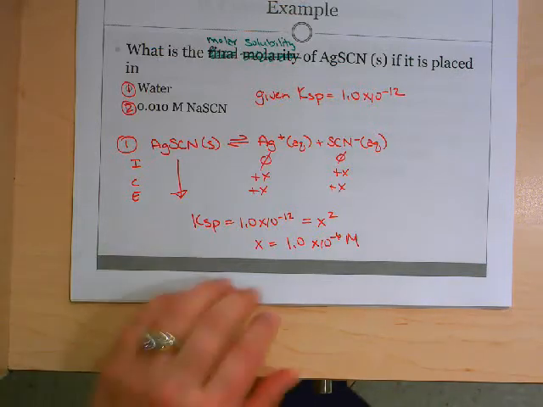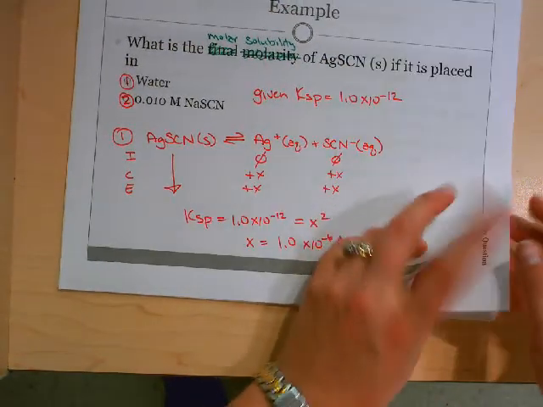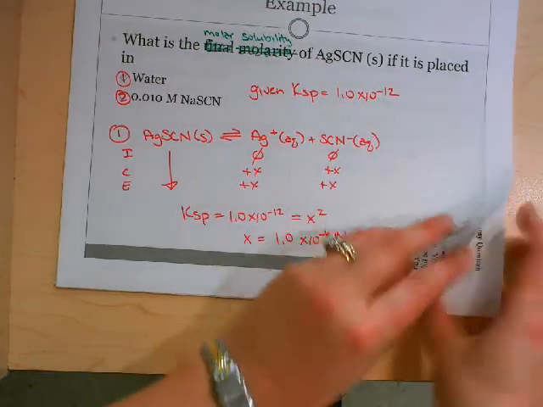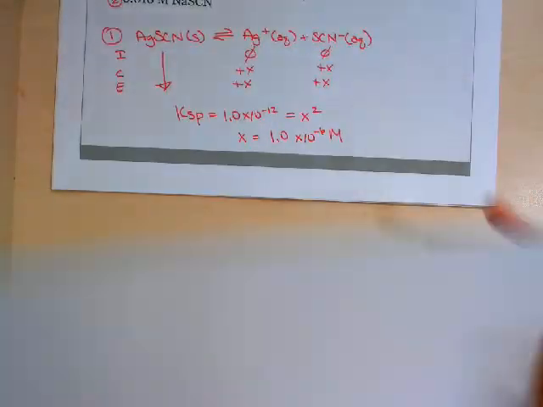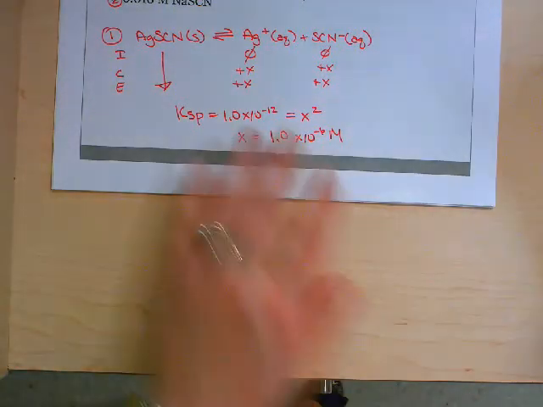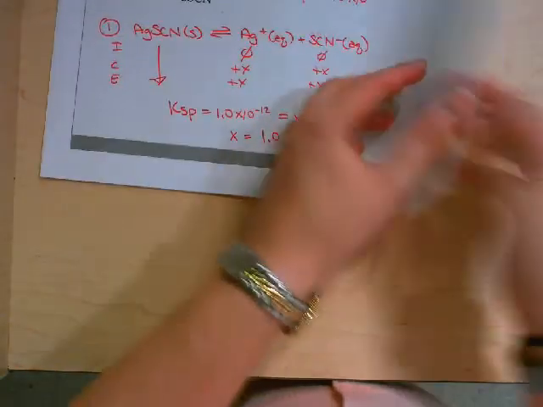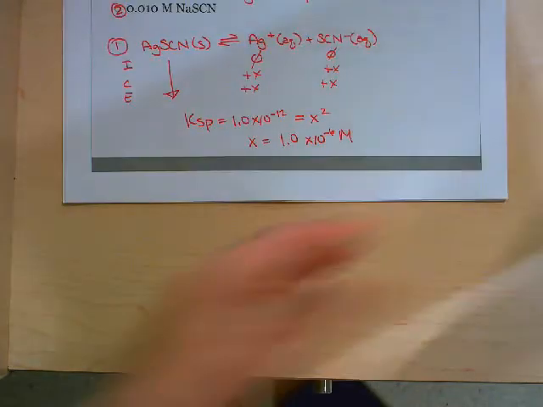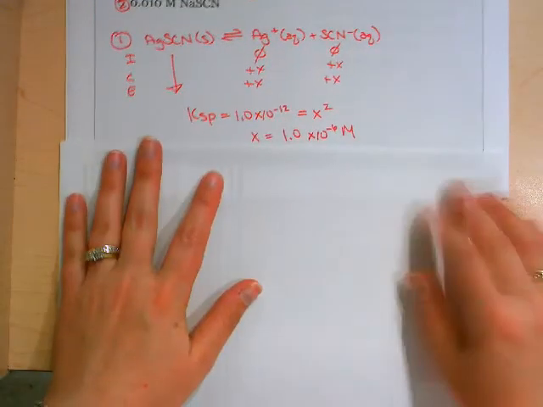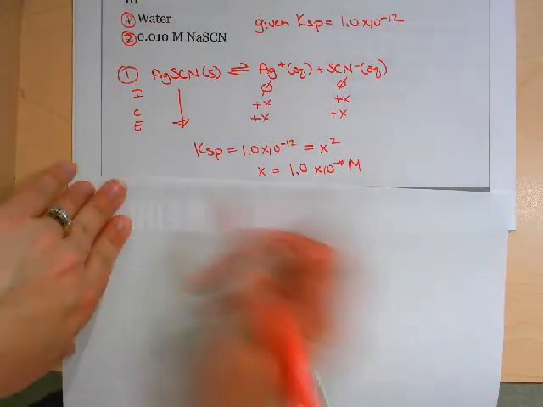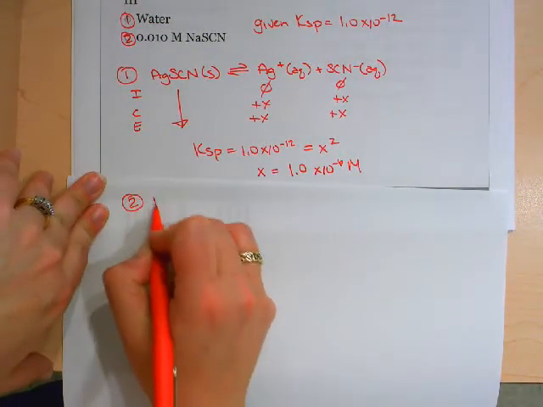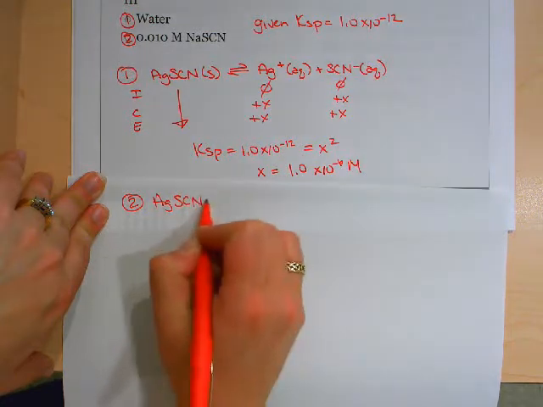Alright, so then, let's see what happens when I add in some sodium thiocyanate. Were there any questions on this one? Now, in part 2, I'm saying I have this.